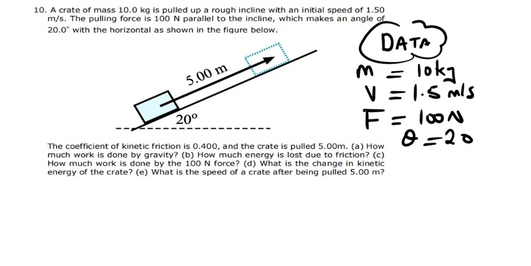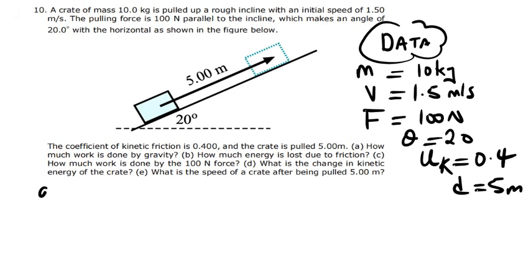So theta is 20 degrees. The coefficient of kinetic friction, mu k, we've been given as 0.4, okay, because we've been told it's a rough surface and it is pulled, and the crate is pulled 5 meters. So the distance is 5 meters.